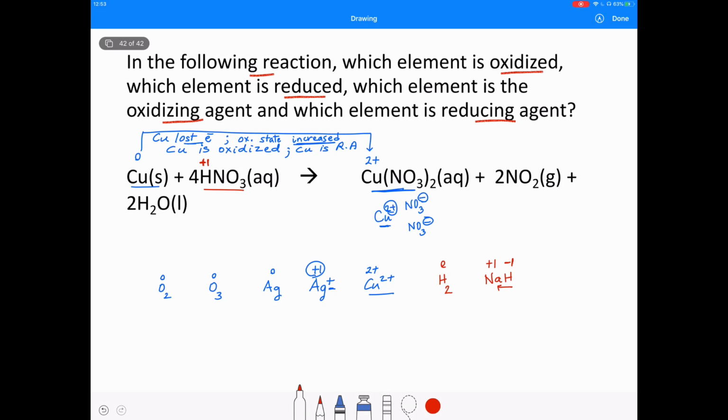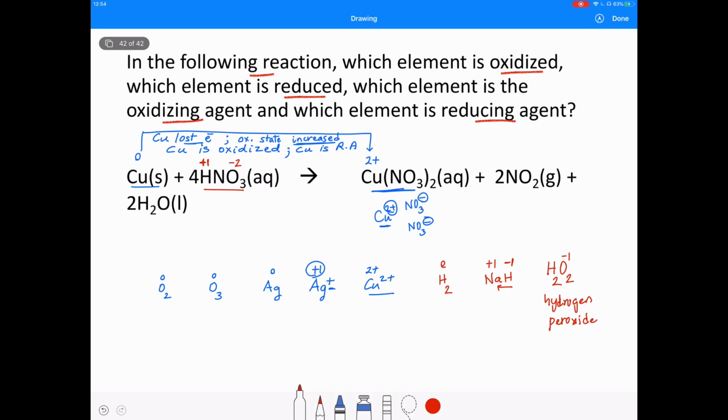Now, what about oxygen? Oxygen gets -2 according to the rule. Oxygen always gets -2. Sorry, there are exceptions. Oxygen usually gets -2, except in peroxides and superoxides. Suppose you have hydrogen peroxide. Within peroxides, the oxidation state of oxygen is -1.